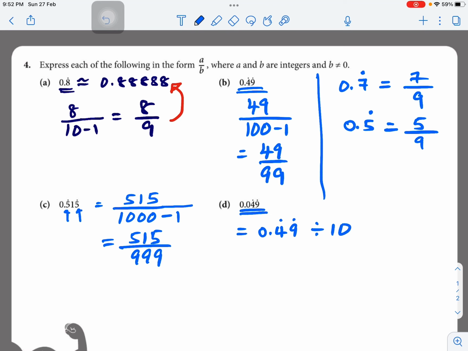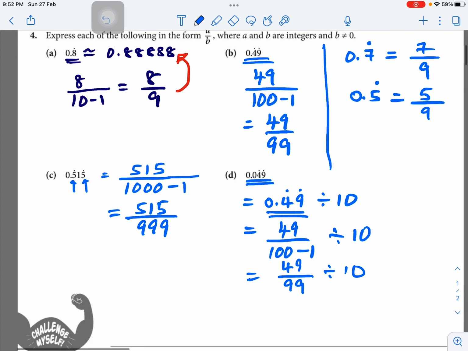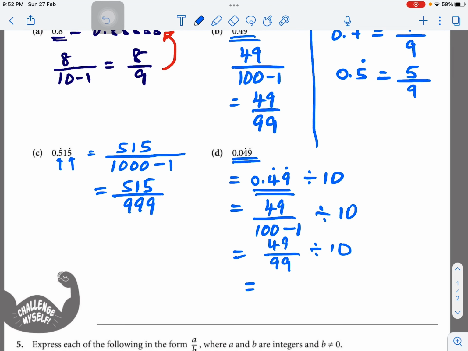So it's no different. What is 0.49? The closest you can get is 49 over 100. Minus away a 1. There's still a divide by 10 over here. This is 49 over 99 divided by 10. And the final answer you get is 49 over 990.